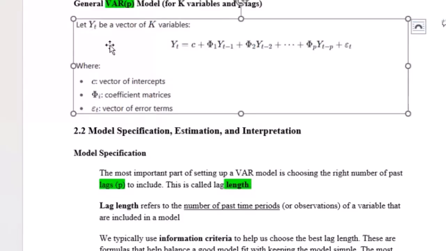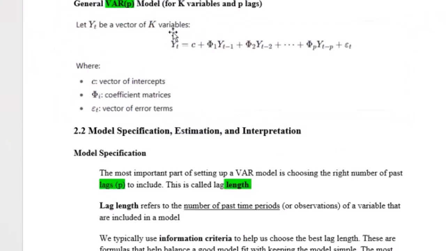So the general model is like this: let yt be a vector of k variables. So y here is the variable that we want to see, or the variable that we are predicting. For instance, maybe it is income at 2025 or 2026.